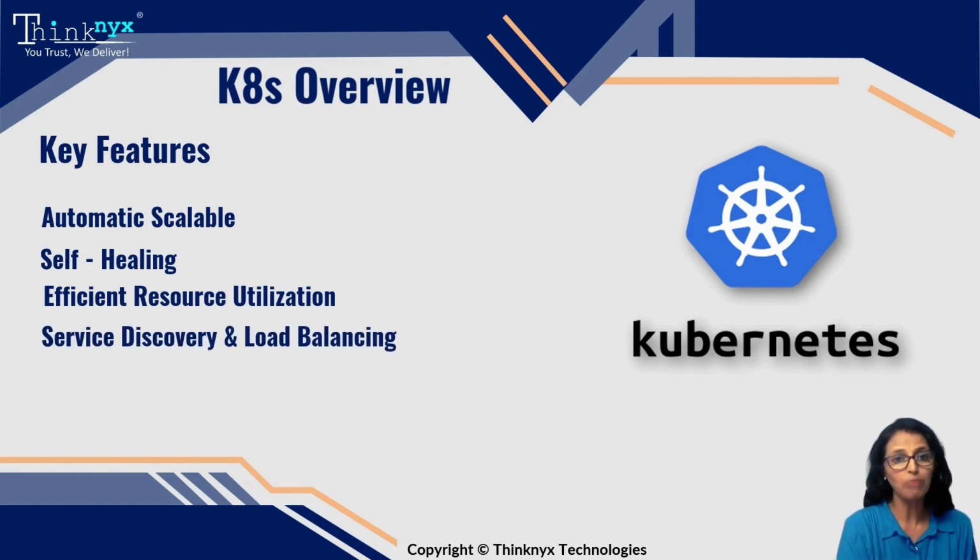It offers powerful service discovery and load balancing capabilities, and automatically assigns a unique IP address and DNS name to each service, enabling seamless communication between different components of an application and distributing incoming traffic across multiple pods.